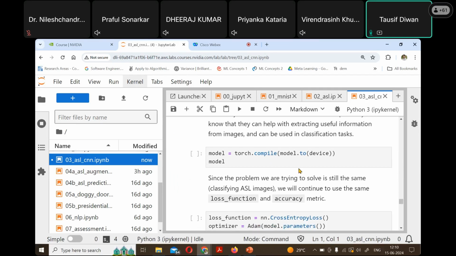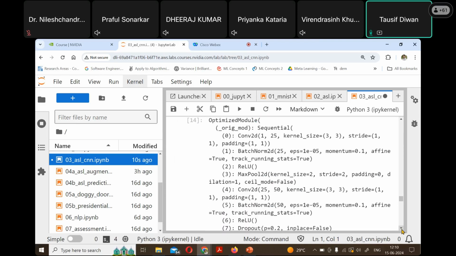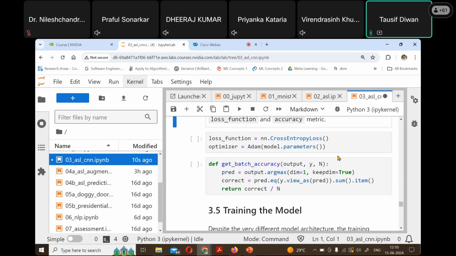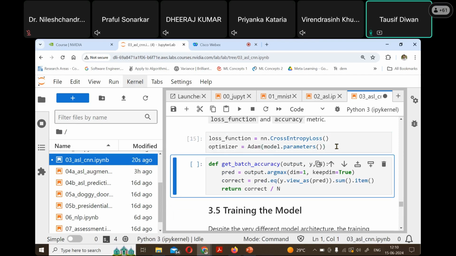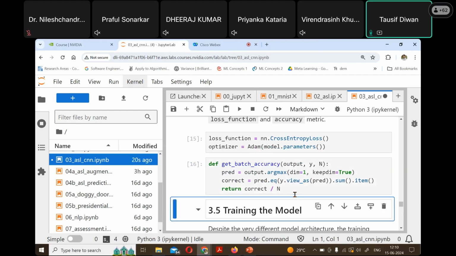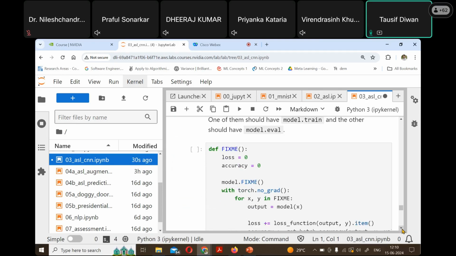Now summarizing the model, first of all we need to compile, we need to check the device, and we need to send the data to the device. This is the model summary. Next things are exactly the same as we did in the previous notebook: cross entropy loss, optimizer, then batch accuracy that we need to define, then train and validation function.